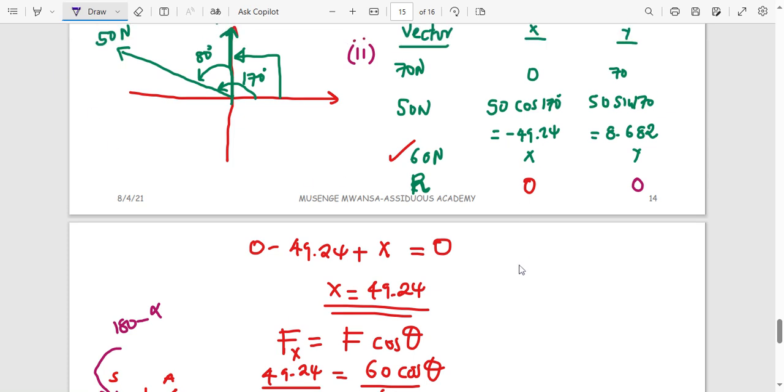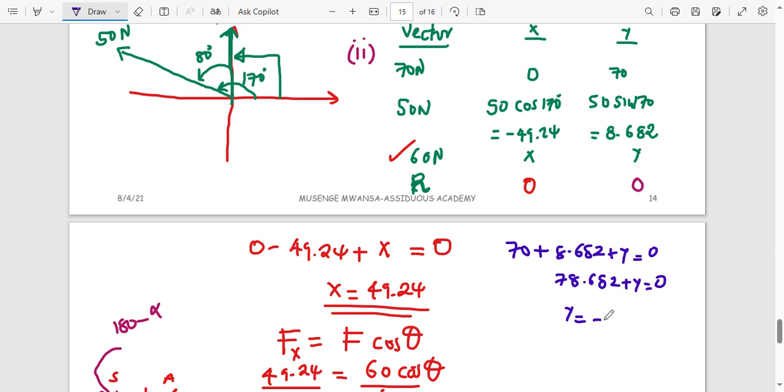So that is going to be 70 plus 8.682 plus y should be equal to 0. So 70 plus 8.682, that is 78.682, plus y is equal to 0.